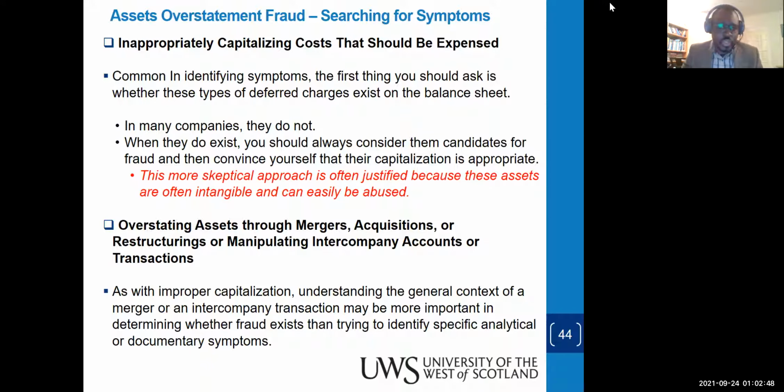capitalized when they should have been expensed. In terms of M&A acquisitions, as with any improper capitalization, understanding the general context of the merger or the intercompany relationships should be taken as more important when determining whether frauds exist than trying to identify some specific analytical symptoms. You can't get that one.